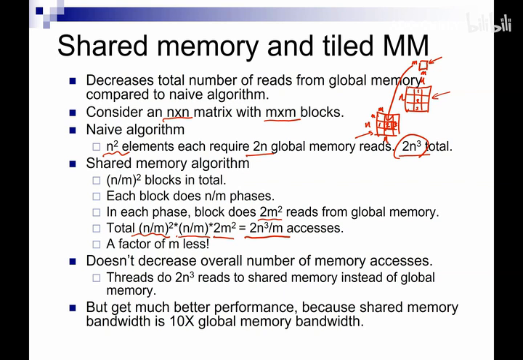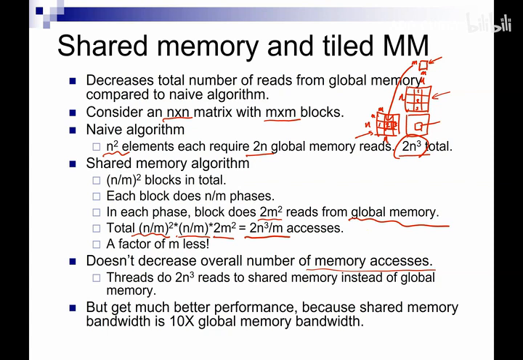Now I want to mention that we've reduced the number of global memory accesses, but we don't really reduce the number of total memory accesses. After you've read these little m by m tiles from global memory to shared memory, the thread blocks need to read from shared memory.